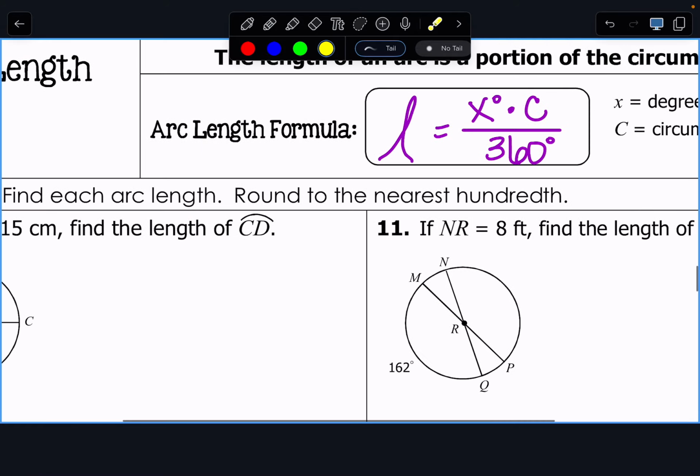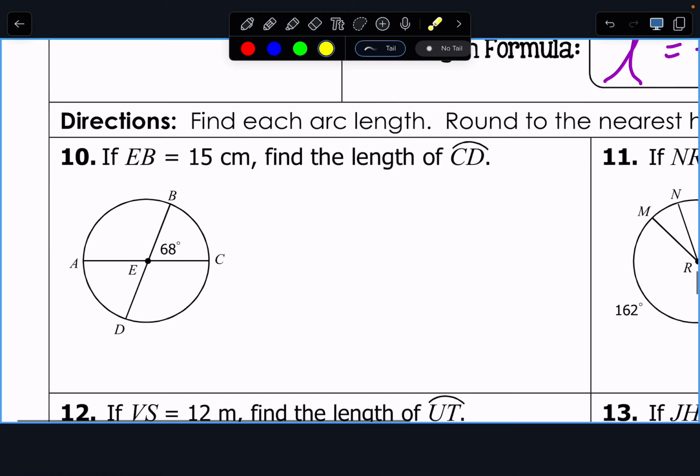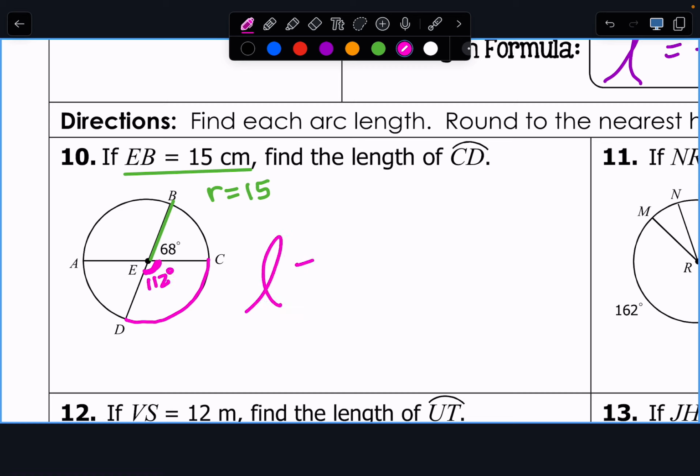Right. So if we're looking at number 10, EB is 15. Is that the radius? So the radius is 15, EB. If I want the arc length of CD, what would this angle right here be? 112. Okay, so our arc length is 112 degrees times the circumference all over 360.